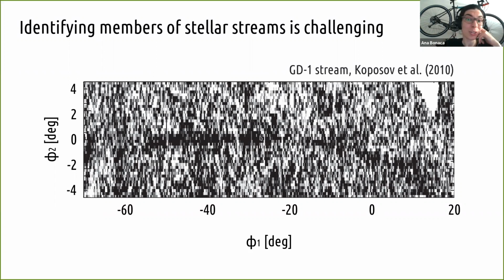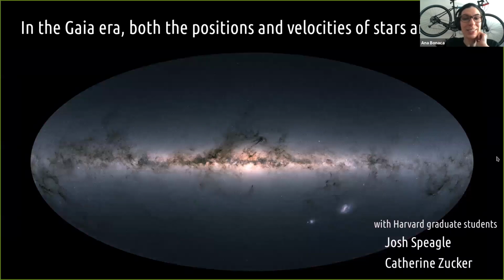So you can imagine if we had velocity information, we might get much better membership of a stellar stream by just selecting stars that are moving along the stream. And so this is why the last couple of years have been very exciting, because the mission from the European Space Agency called Gaia has actually provided us just that.